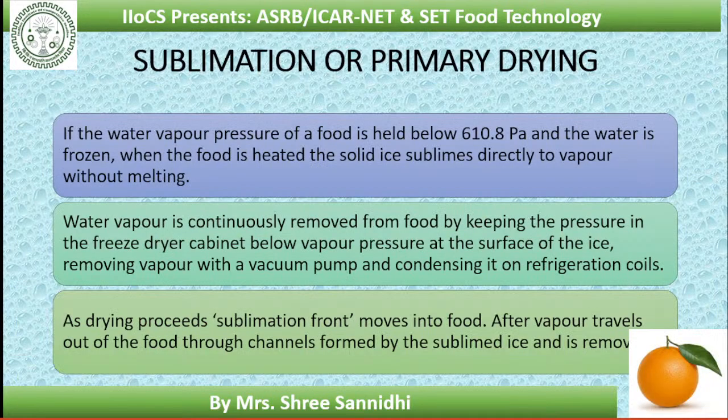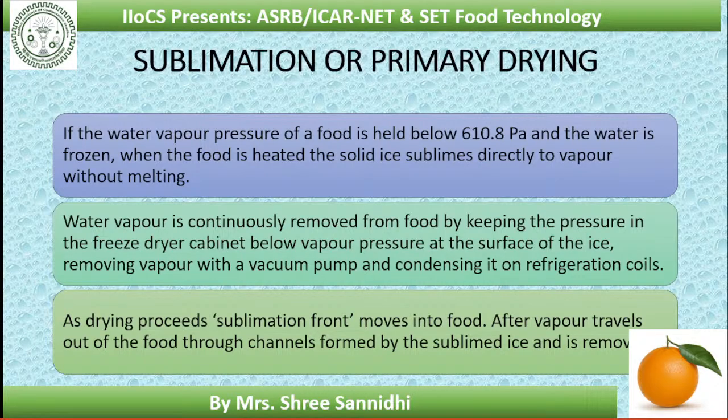Yeah. So after pre-freezing, we have the next step called sublimation or primary drying. If the water vapor pressure of a food is held below 610.8 pascals and the water is frozen, when the food is heated, the solid ice sublimes directly to vapor without melting.